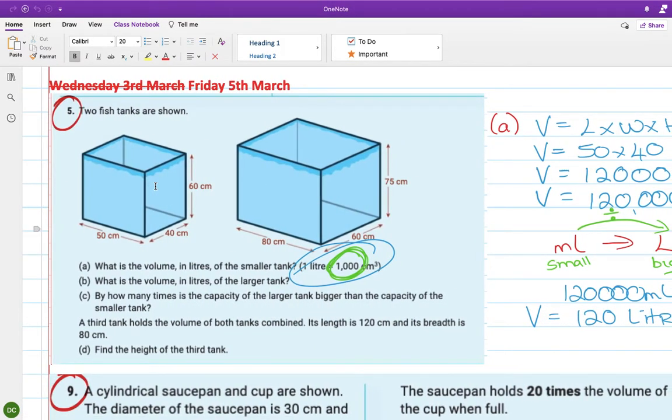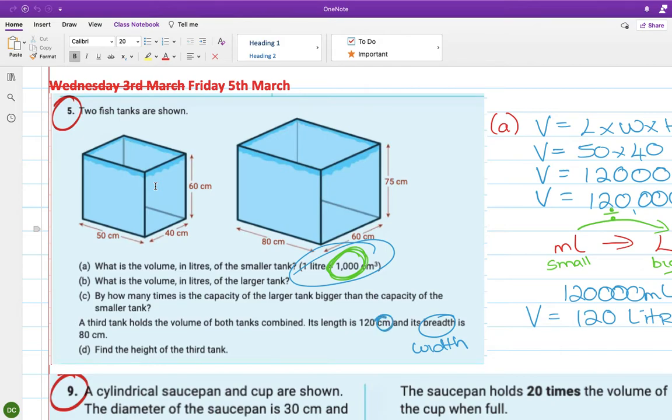Okay. A third tank holds the volume of both tanks combined. Its length is 120. Its breadth, and remember breadth is just another word for width, is 80. Find the height of the third tank. Okay, so if it holds the combined capacity of the two of them, I have to be careful because this is in centimeters.